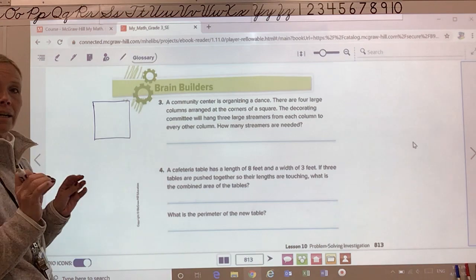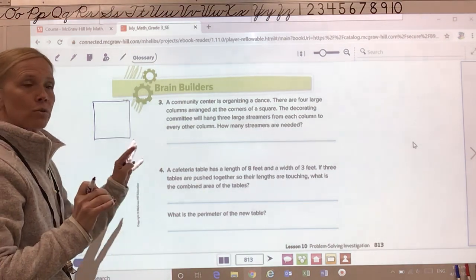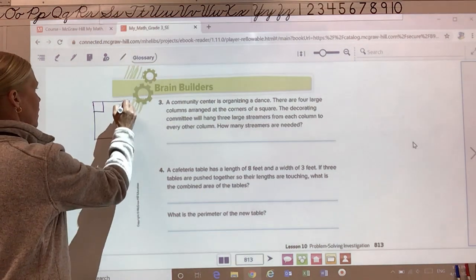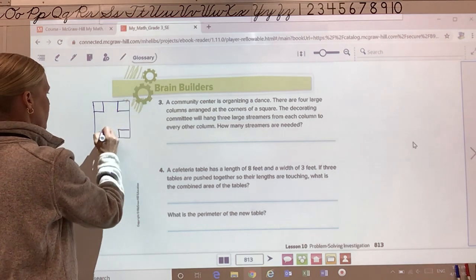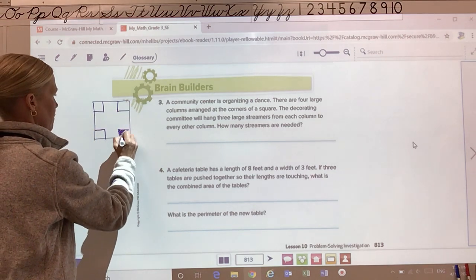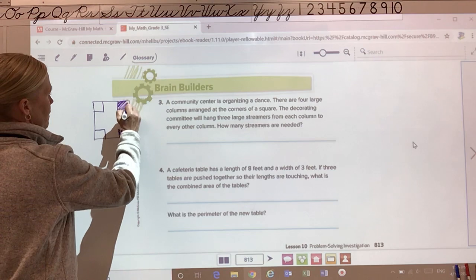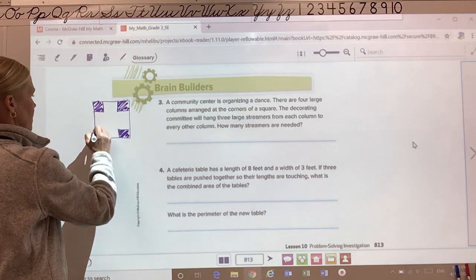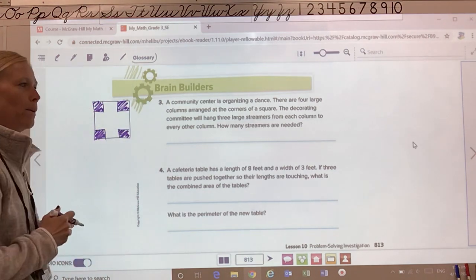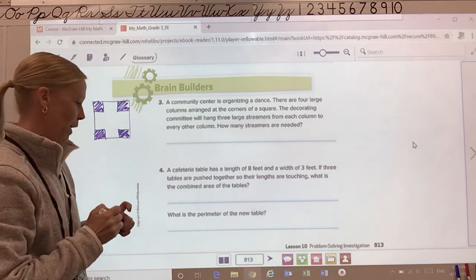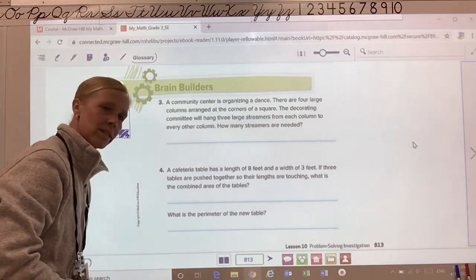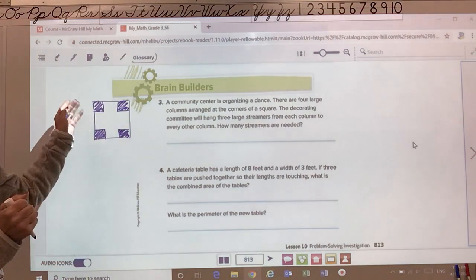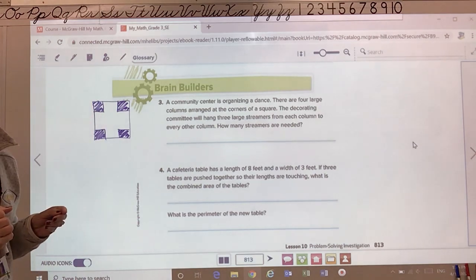And in the corner of each square is a column. So we'll just do this as our columns. Okay? Now, from there, we have streamers that are hanging. 3 streamers that go from the column to all the other columns up there.